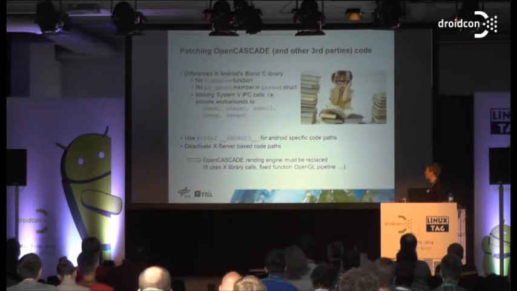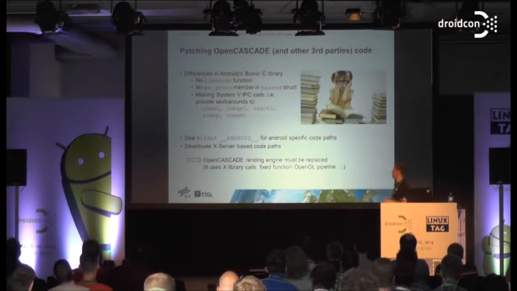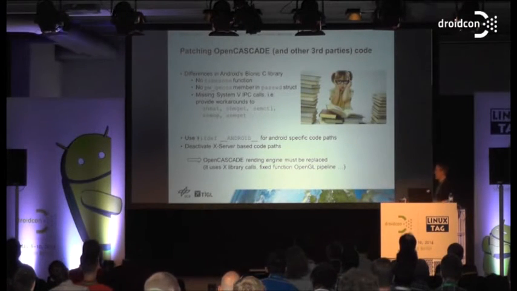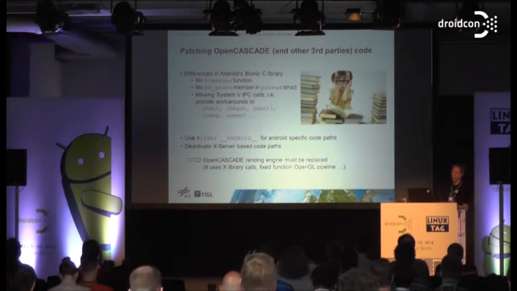So this is just an example when we ported the OpenCascade library, the CAD kernel, to Android. And as I already mentioned, it's quite huge. So there were some platform-specific code paths in there. For example, there is a difference in the Android C library compared to the GNU C library.